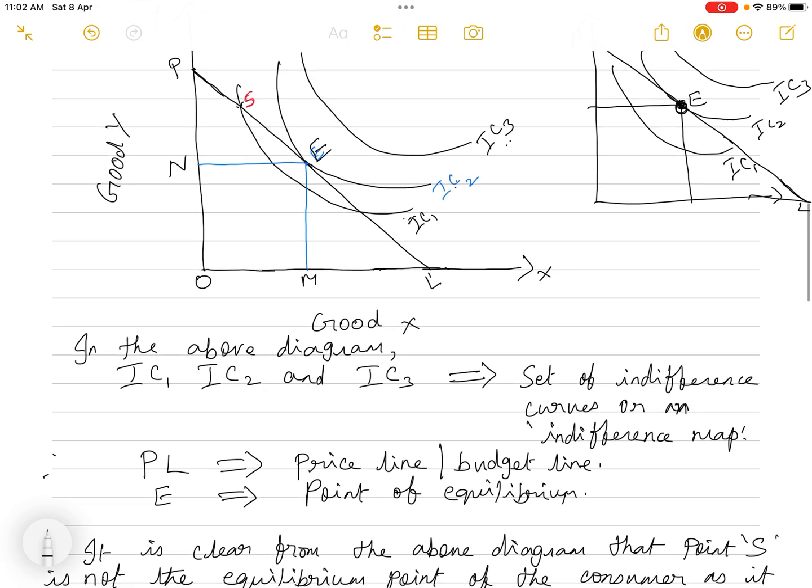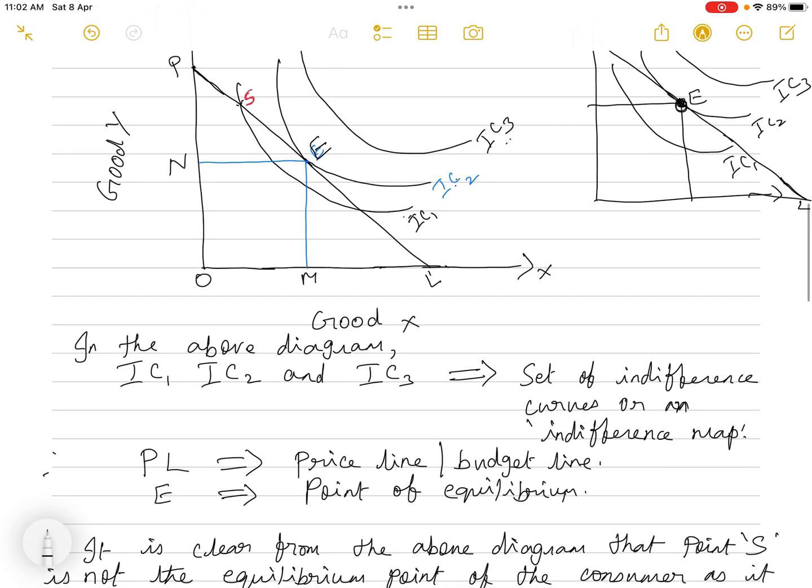Now we can see that S is not the point of equilibrium, because even though the price line is tangent to the indifference curve at this point, you can see that it lies on the lower indifference curve IC1. So the consumer can get more satisfaction and purchase more units of both good X and Y. Why should he satisfy himself by buying fewer units of commodity X and Y?